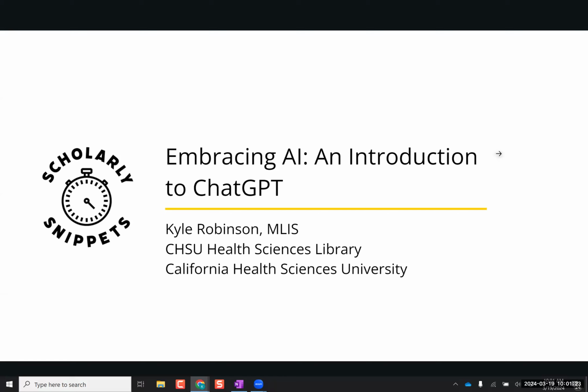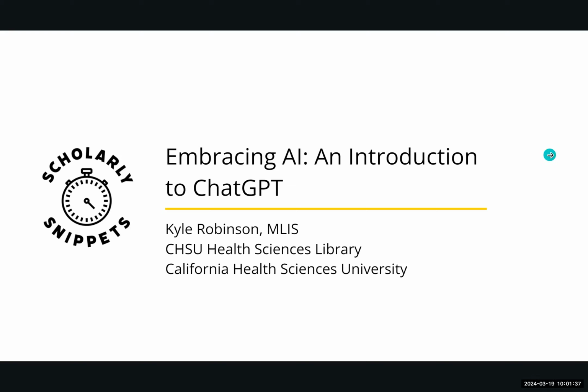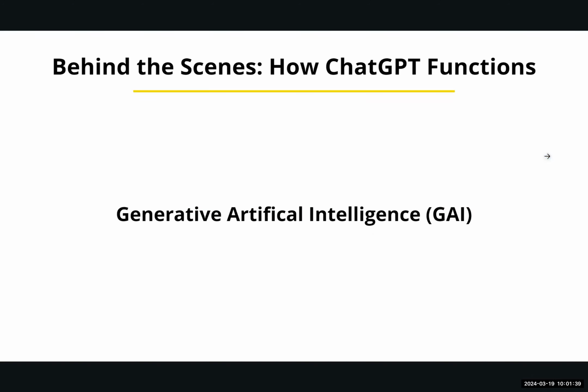We'll get into a little bit of prompting at the end, but I think it's really neat to understand how all of this works, to better appreciate it and understand it.